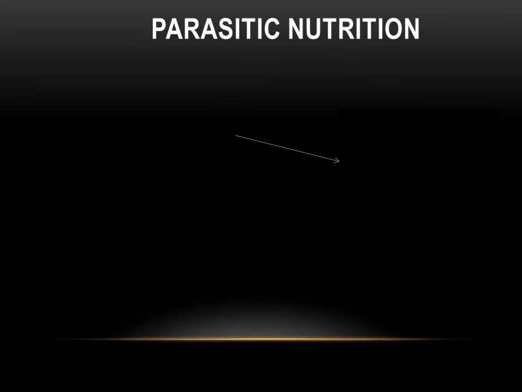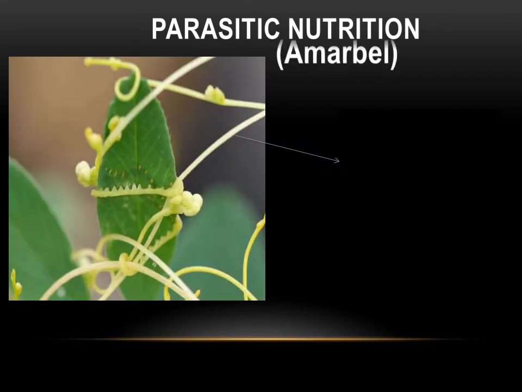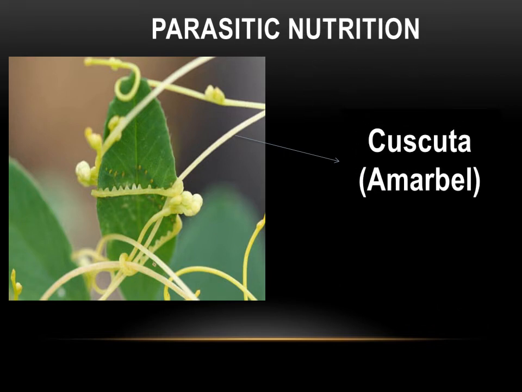Parasitic nutrition. Some plants like cuscuta, commonly called amarbel, grow on other green plants for food. Such plants which depend on other green plants are called parasitic plants. And the green plant on which this cuscuta grows is called the host.